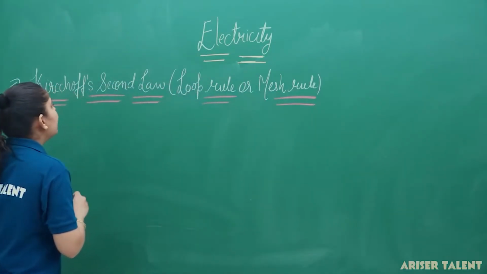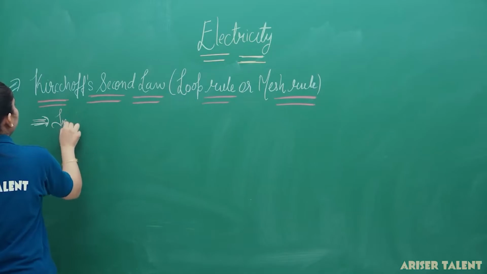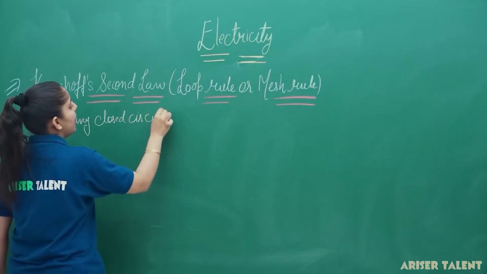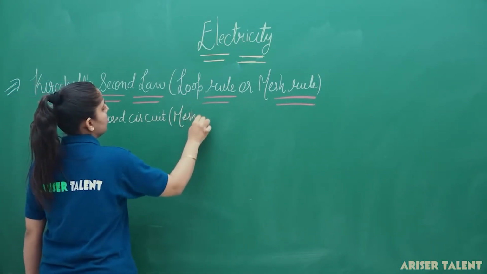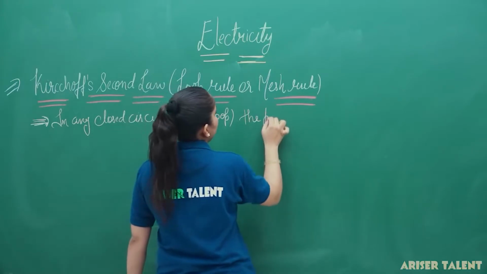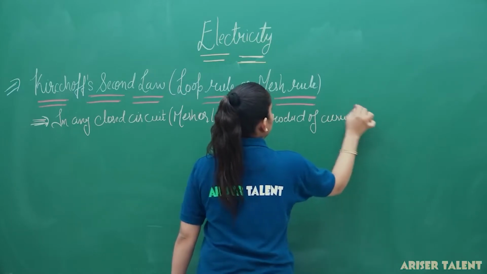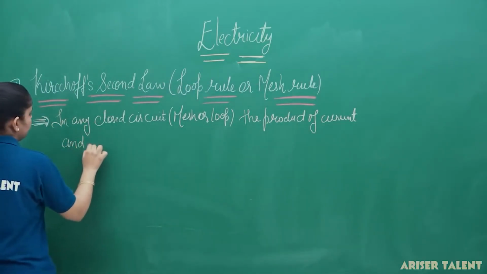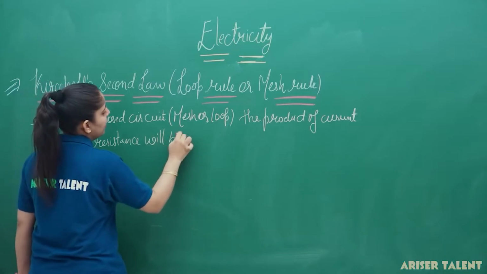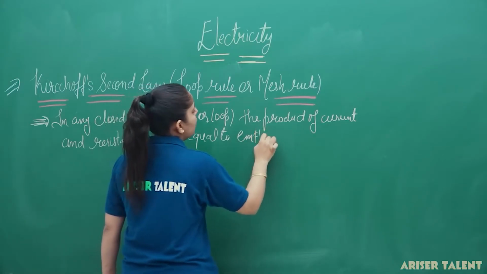So the statement of Kirchhoff's second law is that in any closed circuit, the closed circuit is known as mesh or loop, the product of current and resistance will be equal to the EMFs of the cells.